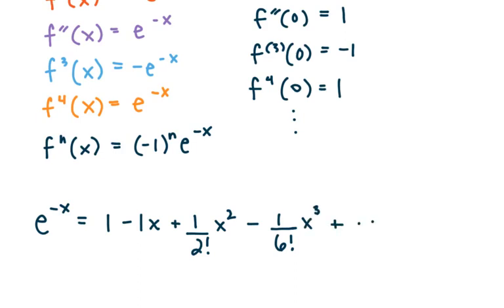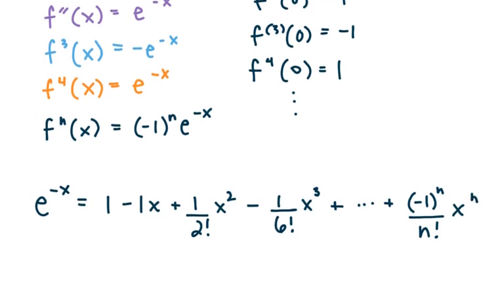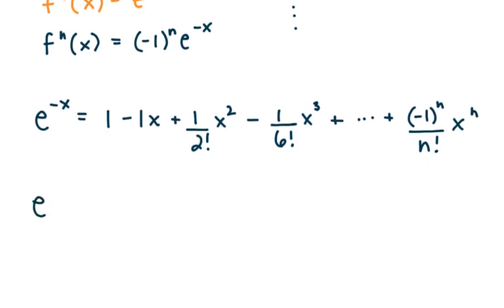And so if we looked at writing this out, we would get an nth term. We would use negative 1 to the n. We notice we have factorials in the denominator. And that would be times x to the n. So my Maclaurin series polynomial, just going to clean this up a little bit.